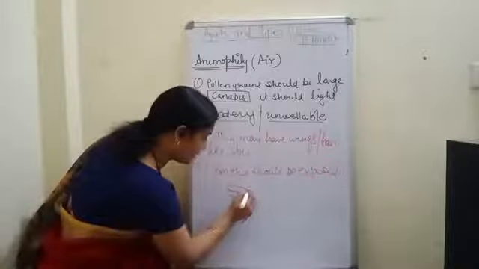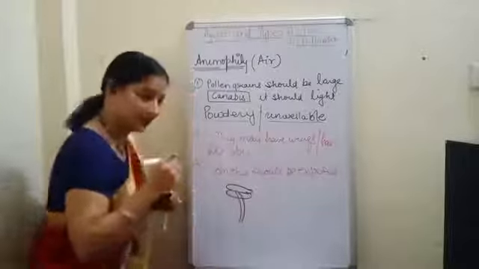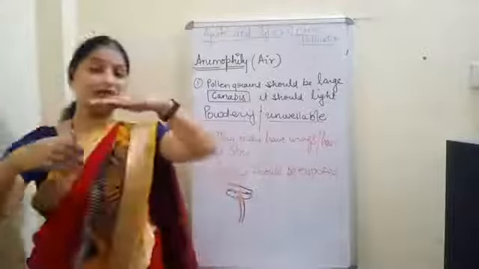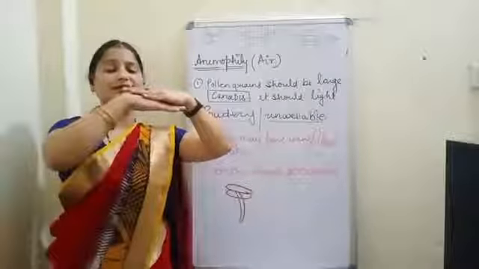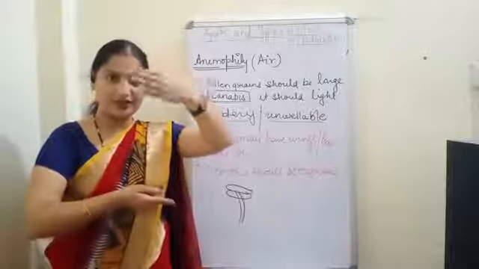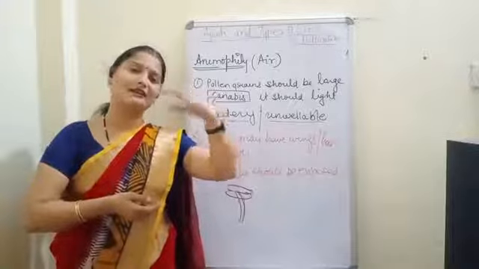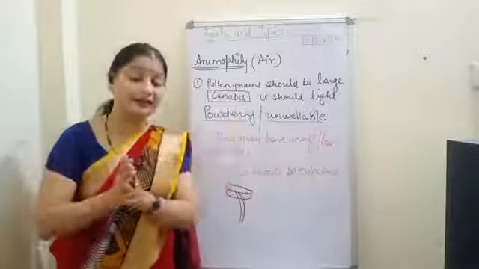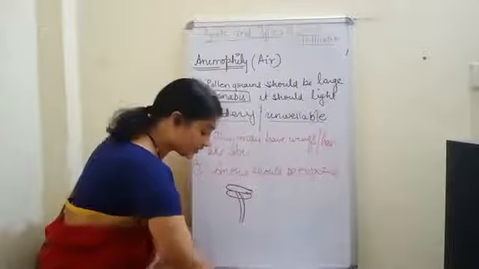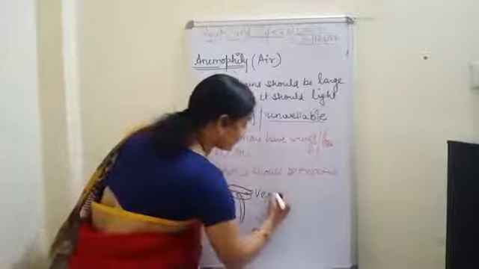I told you the meaning of versatile, that is, the anther must be attached, dangling, I have used the word. Okay, these are the anthers. They should be attached at one point only, so that they can dangle in the air. And if they move in the air, very easily they can scatter their pollen grains. So the anther should be exposed and it should be versatile type.